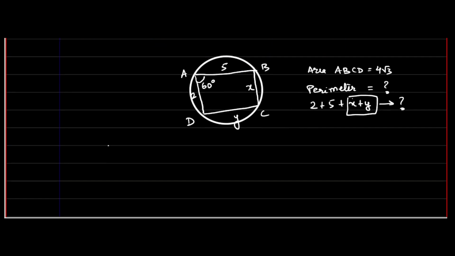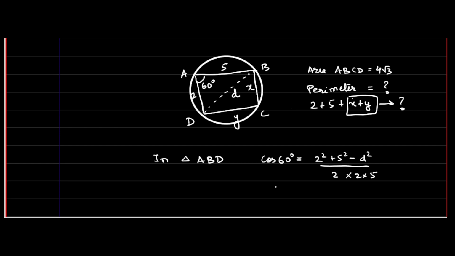So let's begin by doing a small construction. We'll join B and D. Let its length be d. In triangle ABD, we can apply the cosine law by writing cos 60 degrees equal to 2 square plus 5 square minus d square upon 2 into 2 into 5.